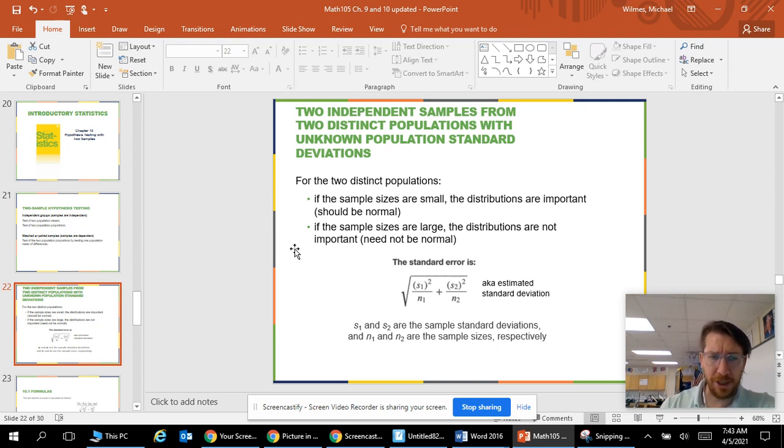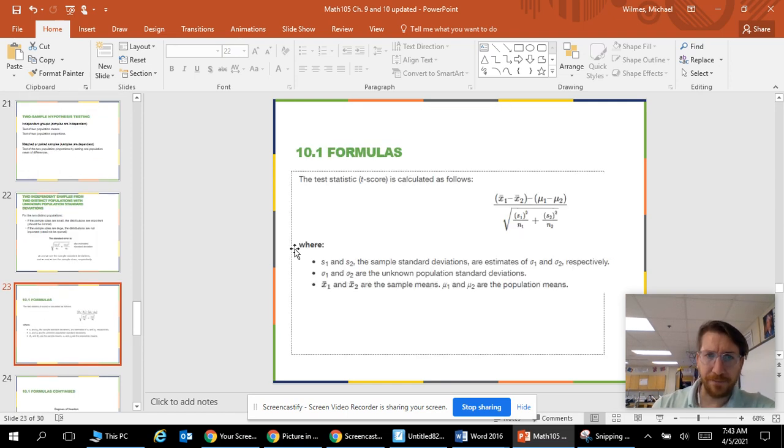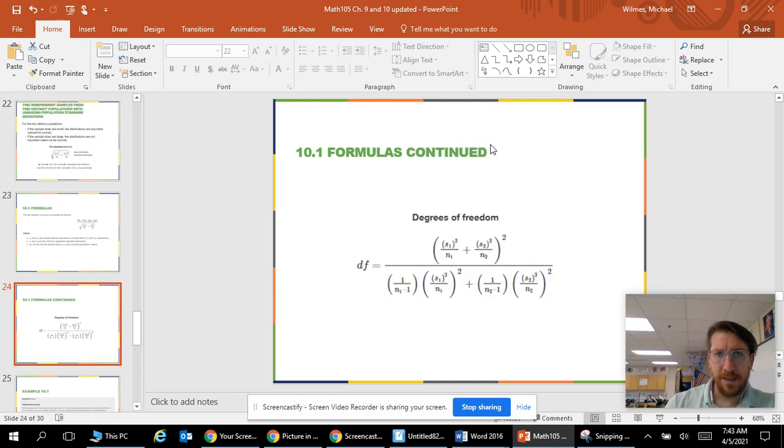We have some calculations in the next 3 slides. Standard error there. Test statistic is here, using our sample standard deviations, our sample mean, population mean, and the sample size, and the degrees of freedom.